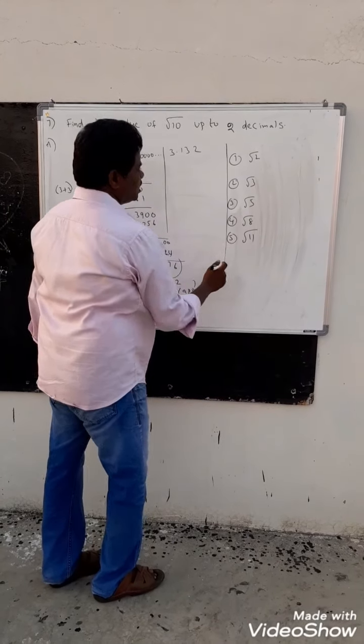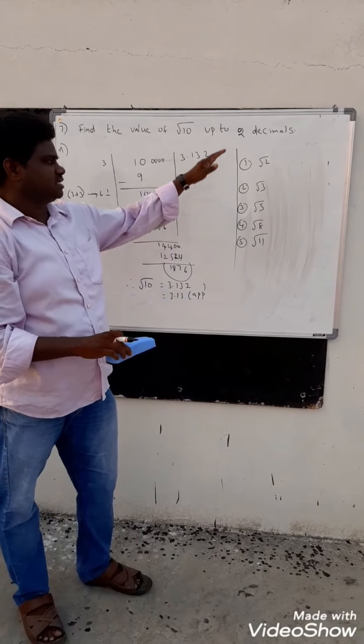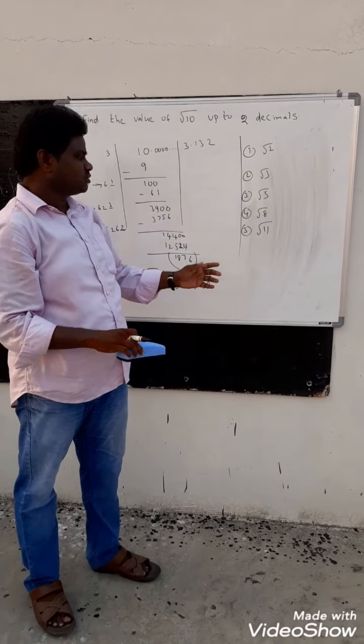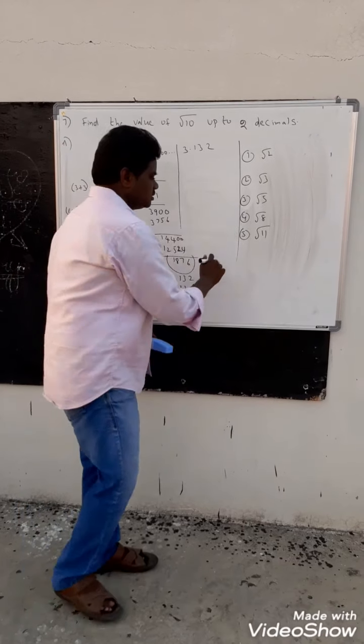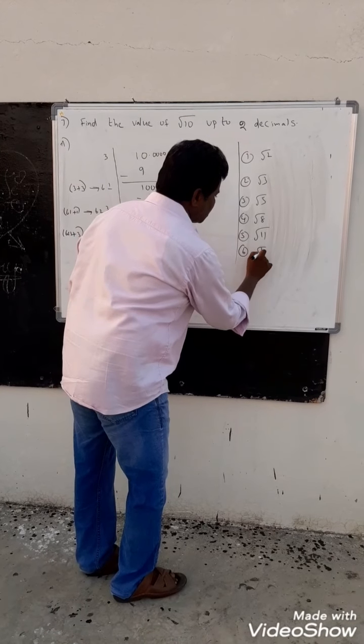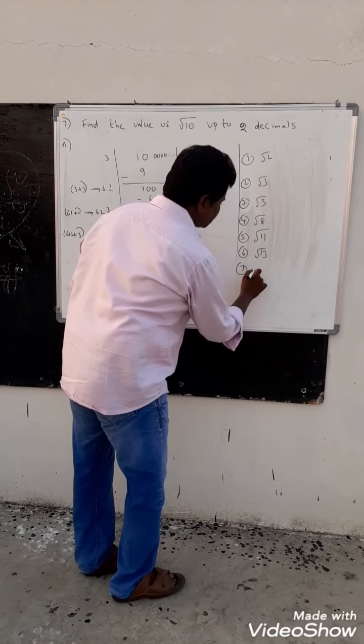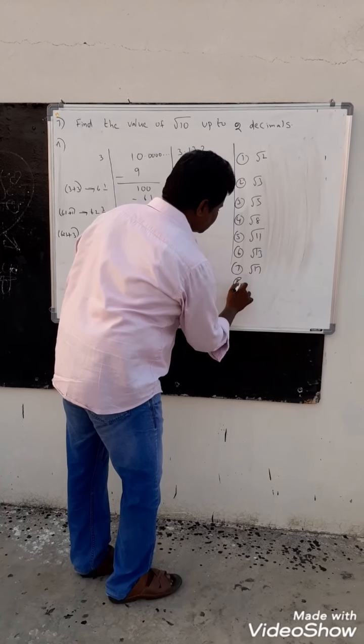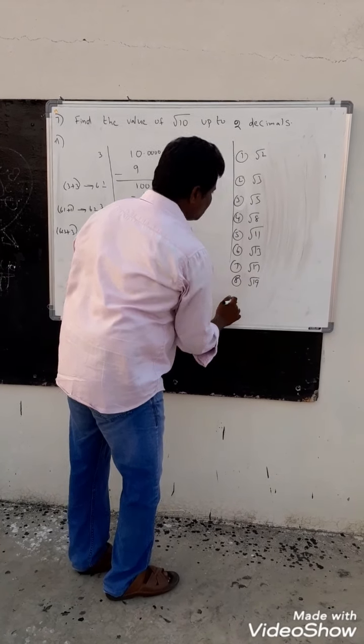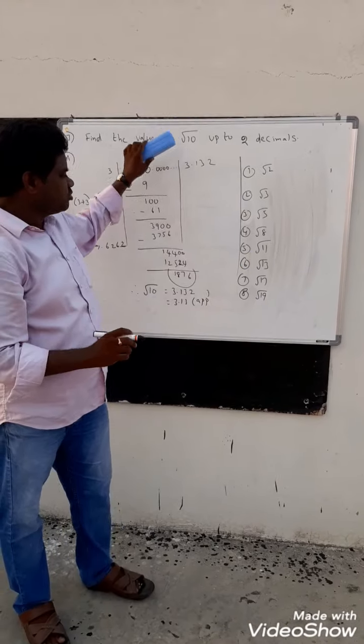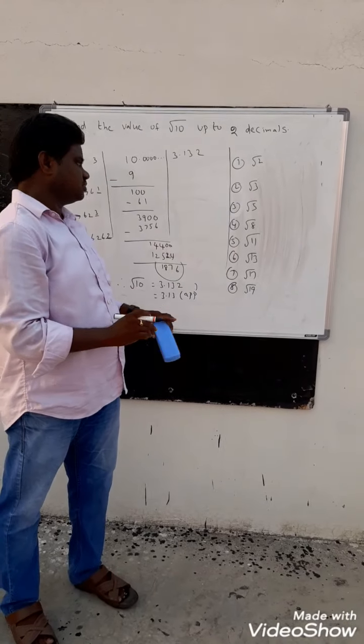Like that, same model you will get root 13, root 17, root 19, anything. Using the same model, you will get the answer for these.